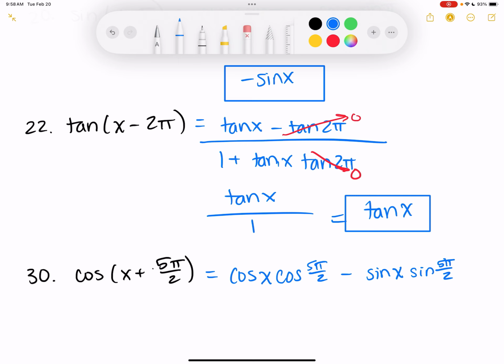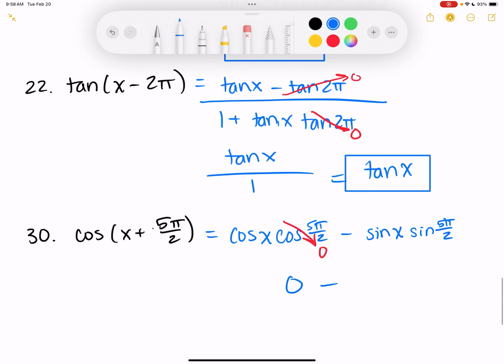So what's it equivalent to? Pi over 2. Alright, so what is the cosine of pi over 2? 0. So this piece is 0. So this whole thing on this side is going to be 0 minus, what's the sine of 5 pi over 2? 1. So this is just going to be equal to minus the sine of x.